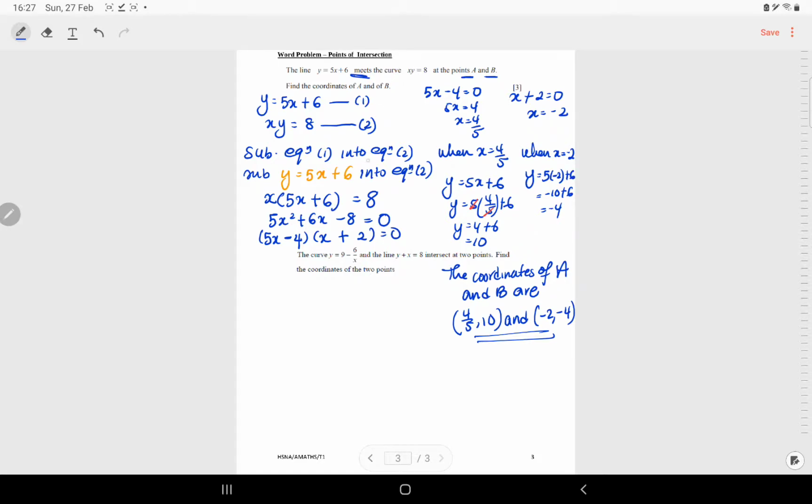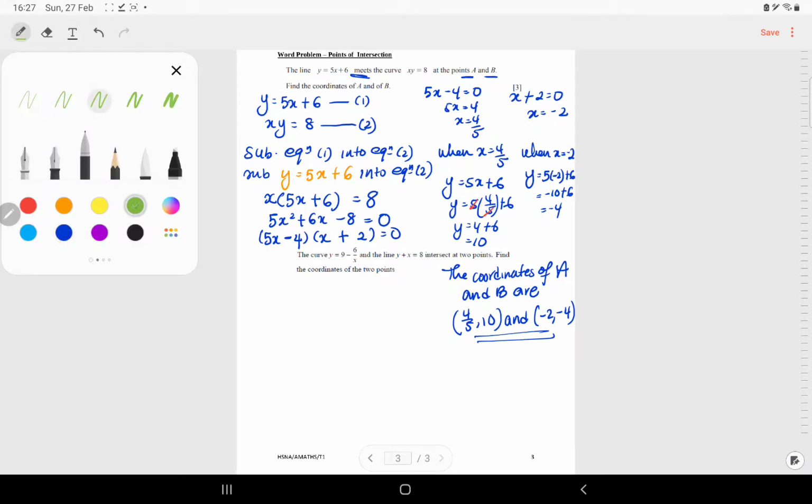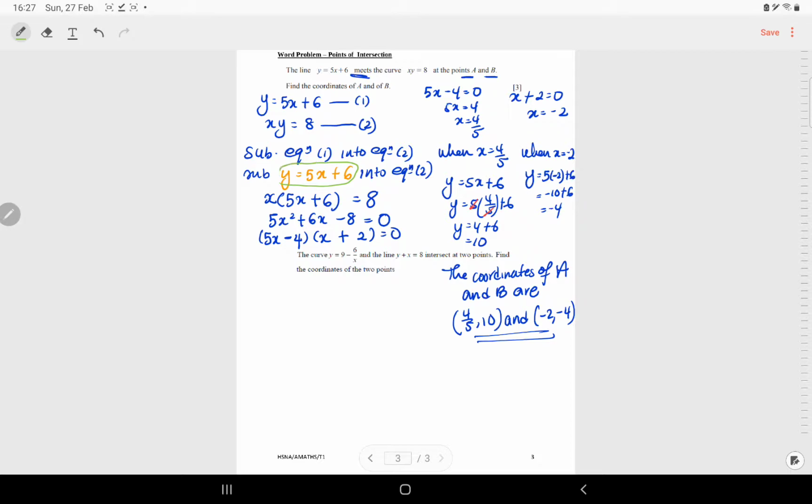When I say substitute into the other equation, it means that because I say substitute 5x plus 6, my y here now becomes 5x plus 6. So I substitute 5x plus 6 in here. That will give me an expression x in bracket 5x plus 6.